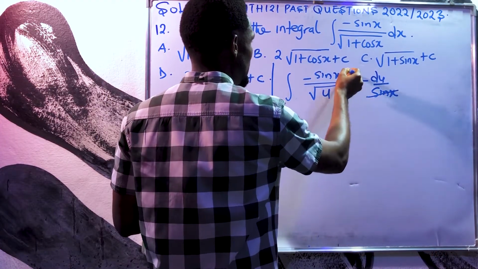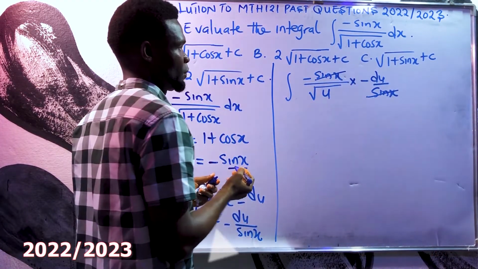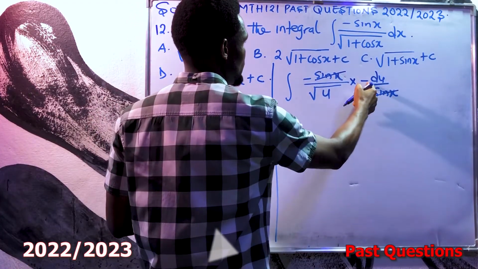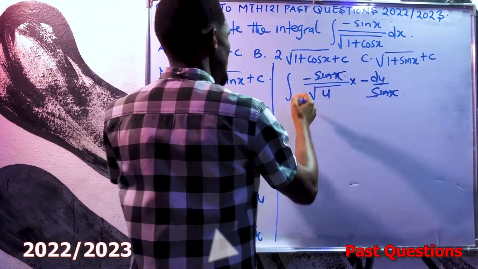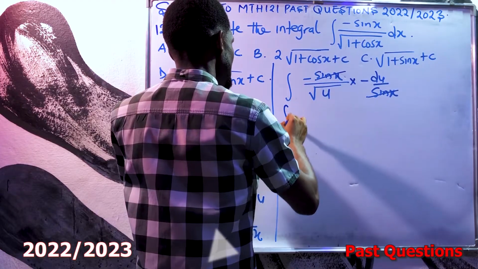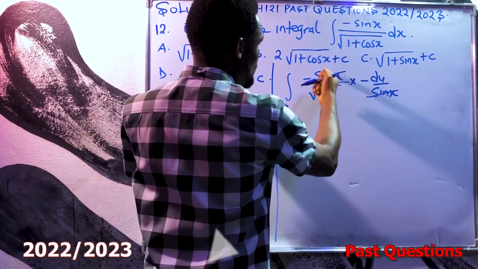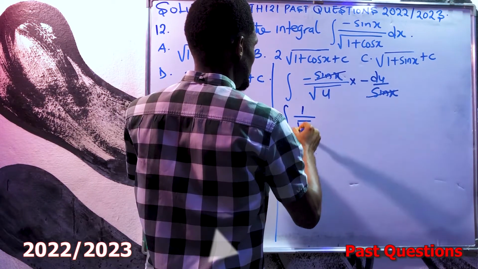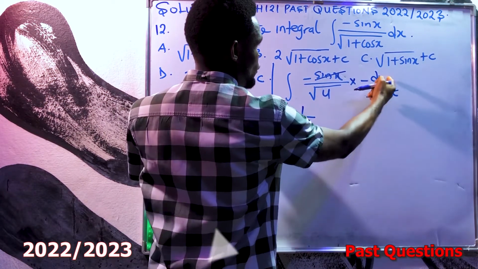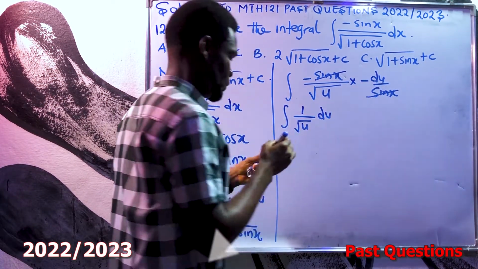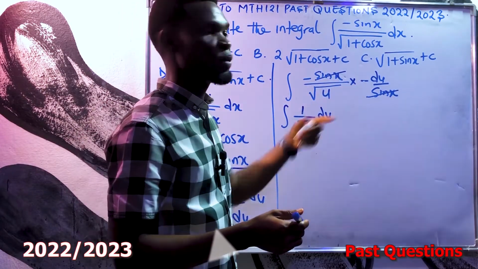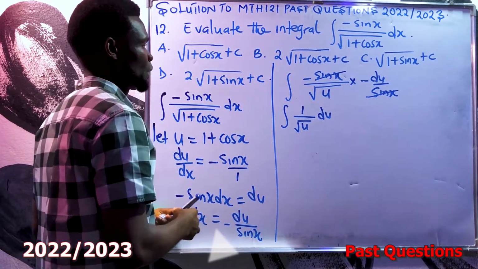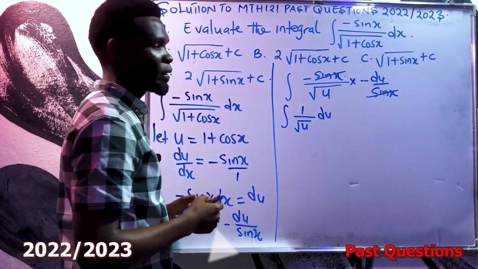Sine x will cancel sine x, and of course, minus times minus will give us plus. So what will be left is the integral of the numerator, which is now 1, all over root u, then du. Don't forget that minus and minus will give us plus. So this is what we are going to be integrating.